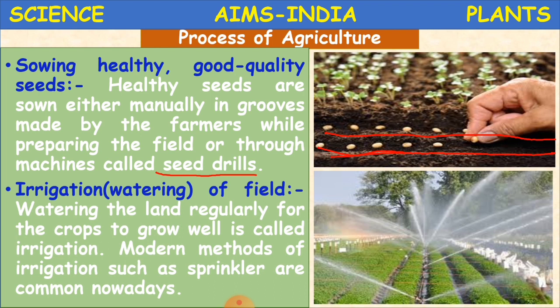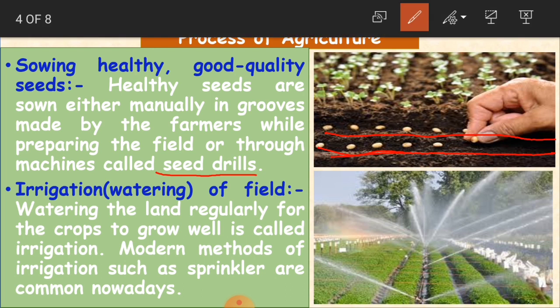And the fourth one here is irrigation. Irrigation is nothing but watering of the field. Watering the land regularly for the crops to grow well is called irrigation. So why do we water the crop, children?